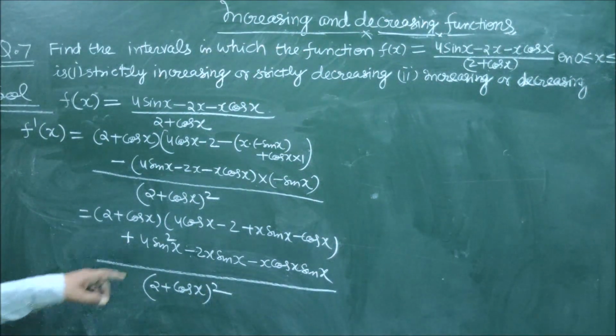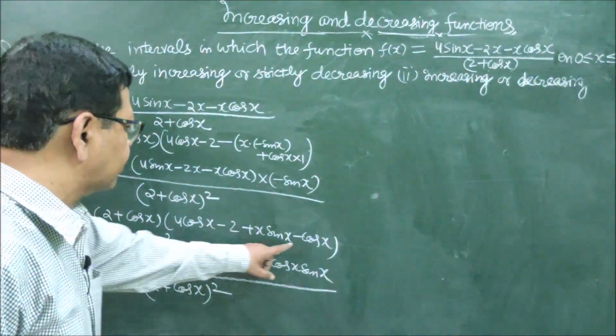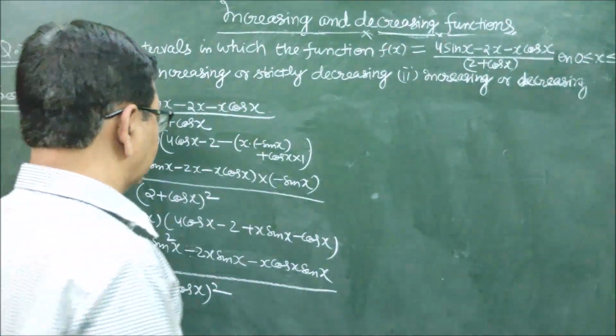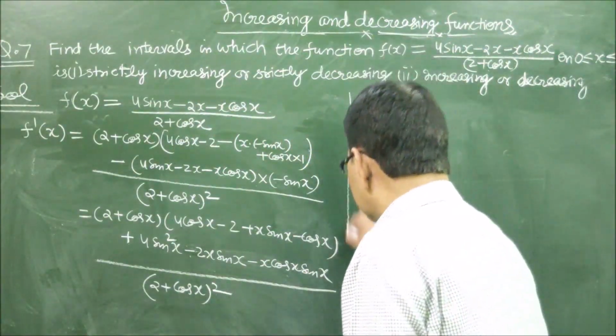Now let us rearrange the terms. 4 cos x minus cos x is equal to 3 cos x.